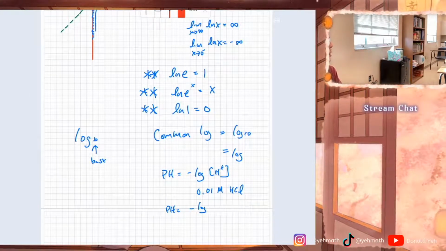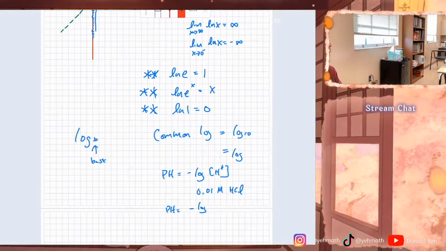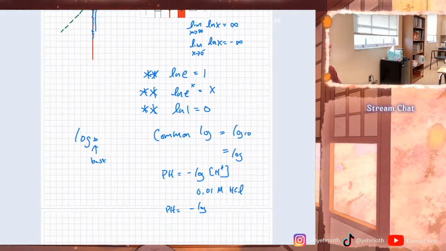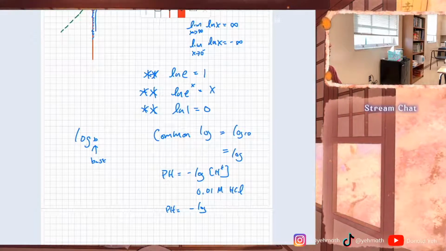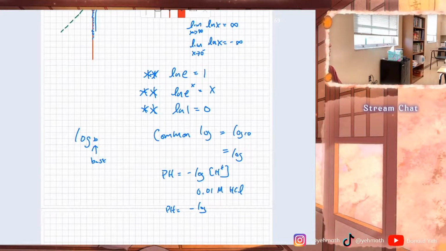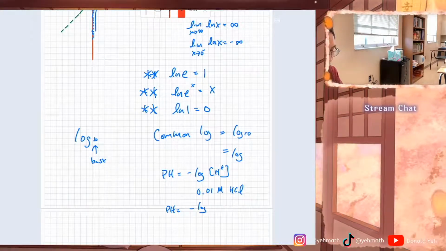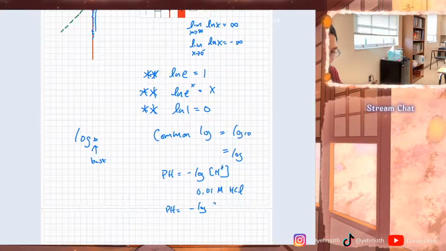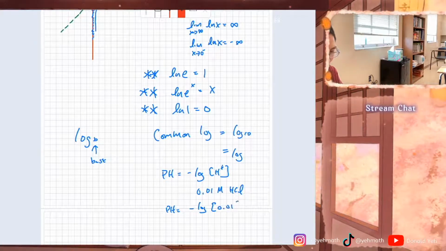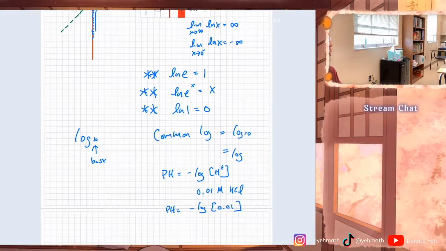Do you remember that? No? Dev, are you taking AP Chemistry next year? Probably not, but we did this in AP Bio. Okay, good. So for hydrochloric acid, let's say 0.01 molar, is there 100% dissociation?